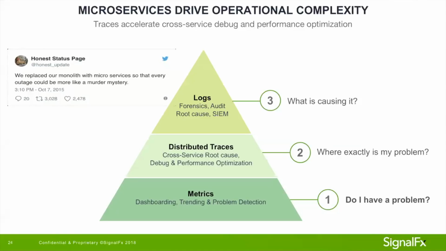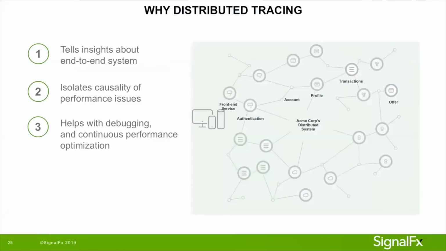They lack context, and they're often not sufficient to triage and to determine root cause across service boundaries. Distributed tracing, on the other hand, captures application performance information across all the services involved in a transaction, preserving that context and the knowledge of service dependencies.